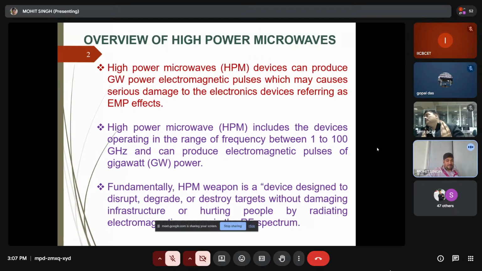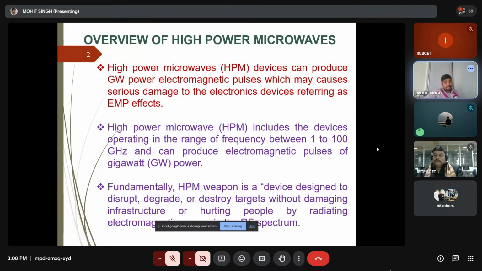HPM devices can perform very well for neutralizing anti-drone systems and targeting the electronic equipment of an enemy. If we are targeting their radar system or their flights, we can damage their electronic equipment with HPM devices.